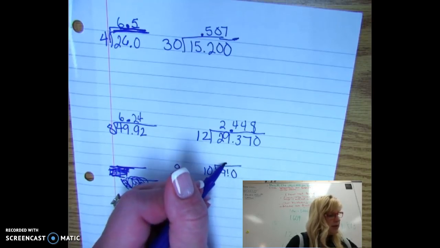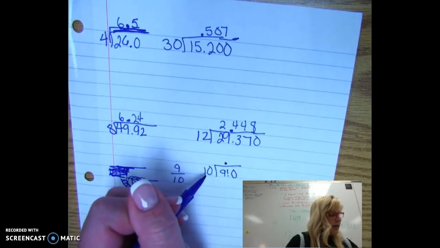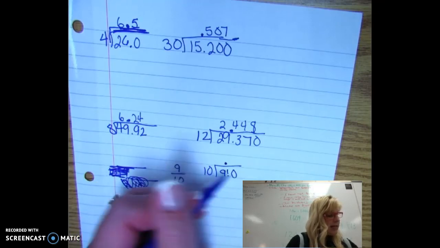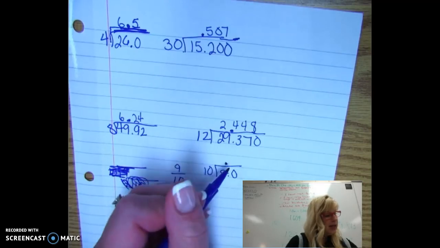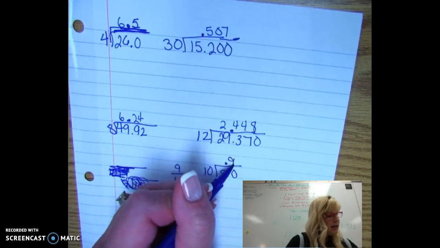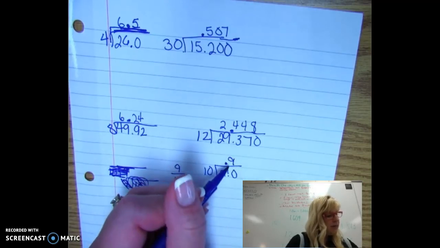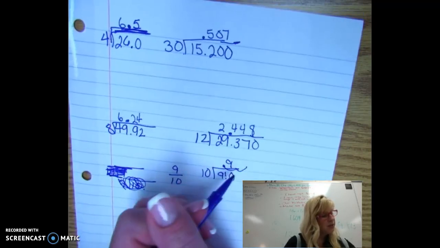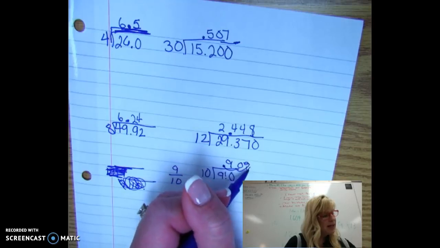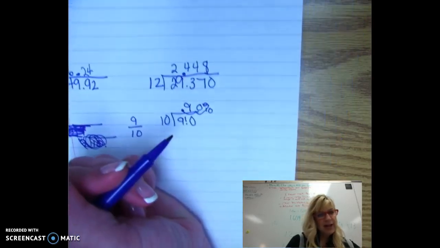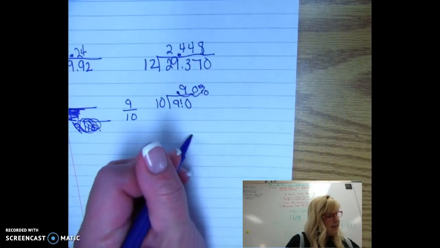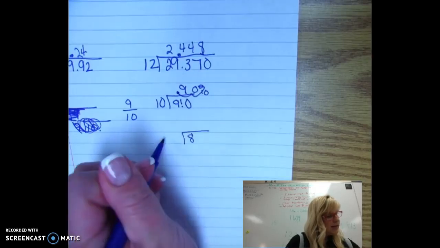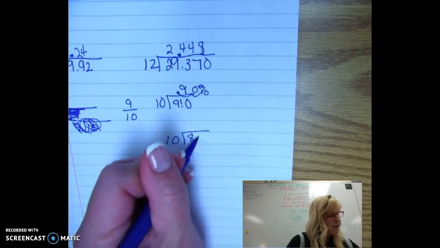So we float this to the top, and 9 becomes 9.0, and 10 does go into 9.0 9 times. So if I'm looking at this as a teacher, a 0.9, if I scooch this 2 places to the right, it becomes a 90%.